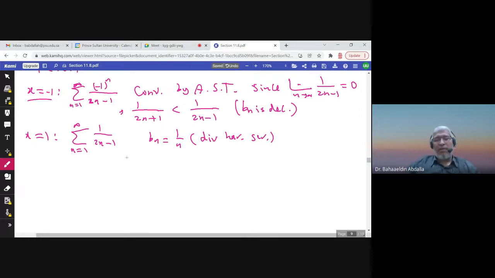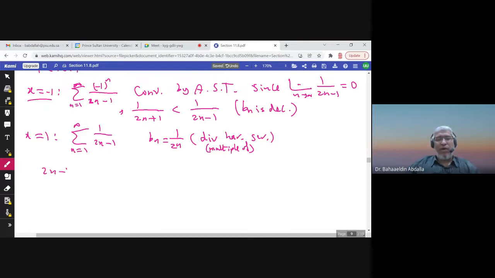I'll use 2n. I can use the limit comparison, but I figured out that I can use the direct comparison test. 2n is a multiple of the divergent harmonic series, so it's divergent.